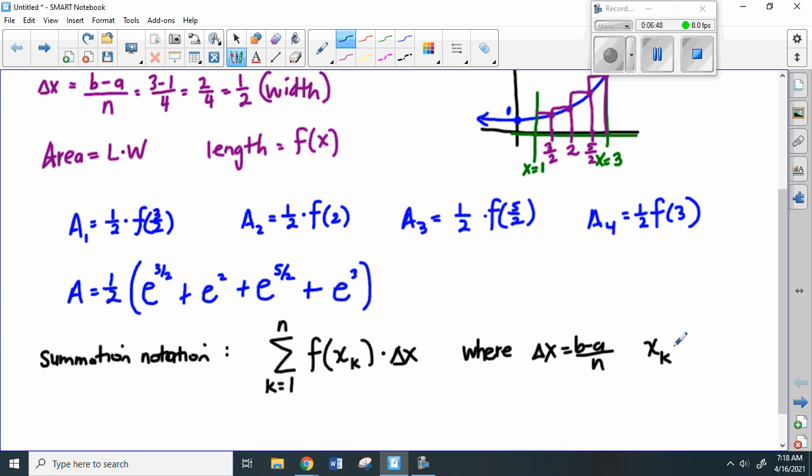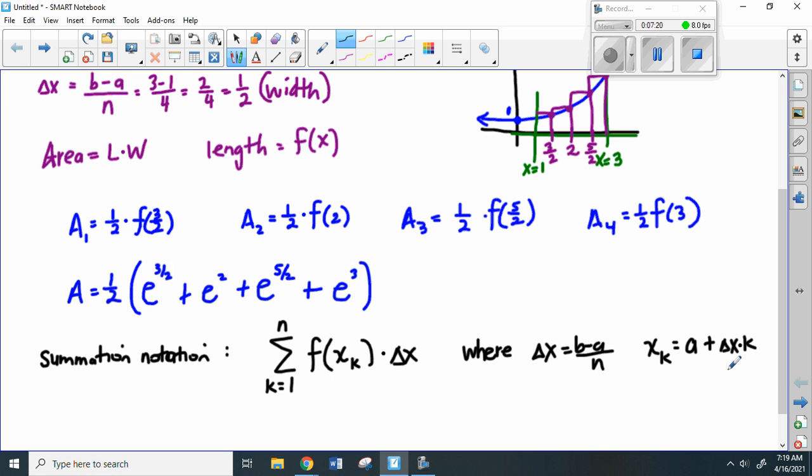And your x sub k is really going to be found by taking the starting a value, which in this case would have been 1, and adding that change in x, that width, times whichever rectangle you're on. So I would start at 1, but I would have to add my width of 1/2 for the first rectangle. Or I could start at 1 and add my width of 1/2 for 2 rectangles and get myself to the 2.